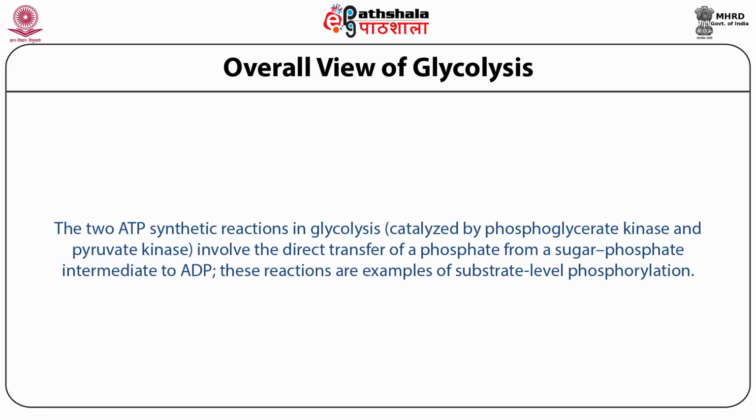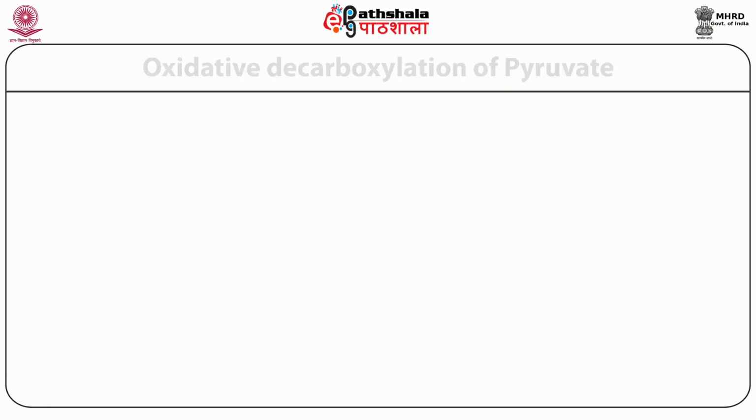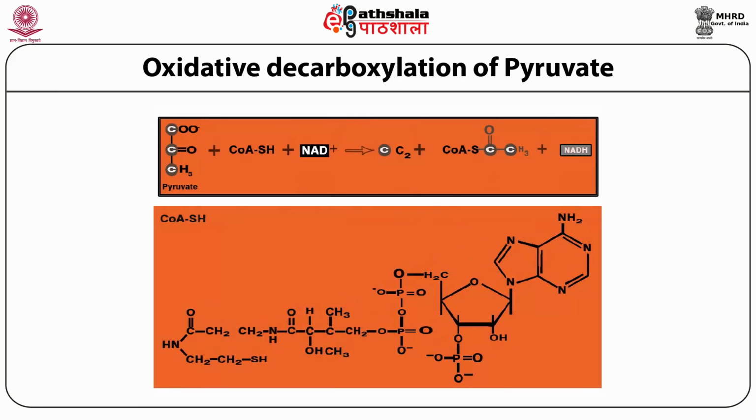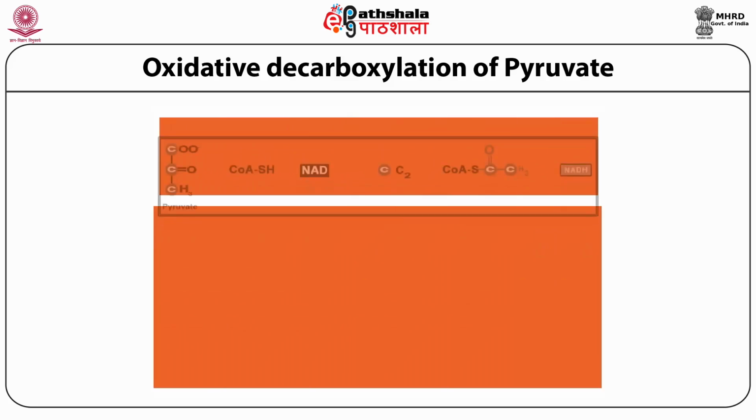Because over here the phosphate group is transferred directly from the intermediates, that is sugar phosphate intermediates, to ADP and results in the formation of ATP, and that's why it is called what? Substrate level phosphorylation.